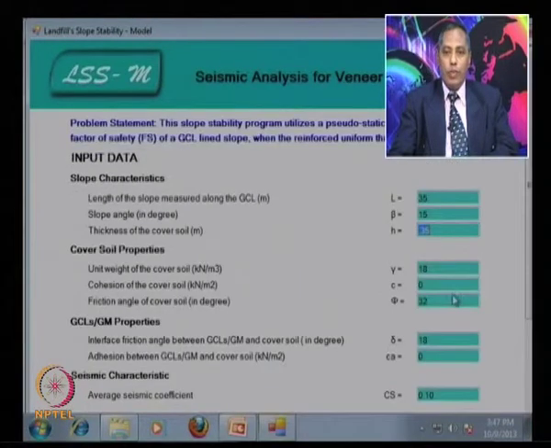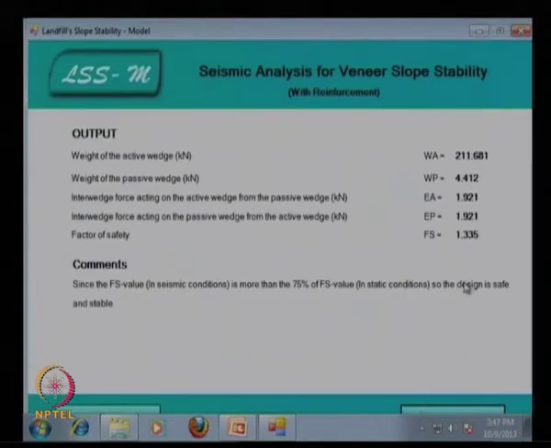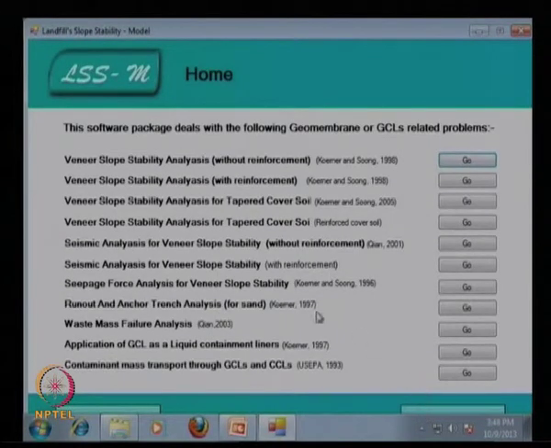If you want to calculate the seismic condition, you have to add the average seismic coefficient value CS equal to 0.10, others remain as they are. So, you can calculate and obtain the value 1.335, and you find that this value is about 75% of the static value, then it is okay.